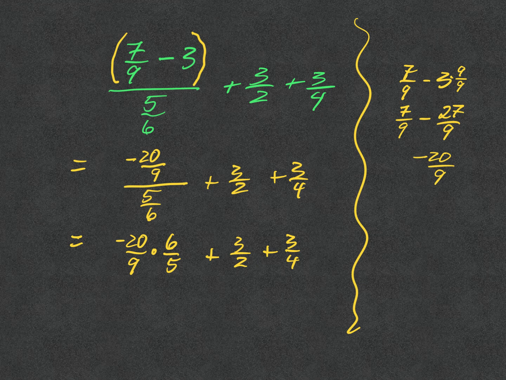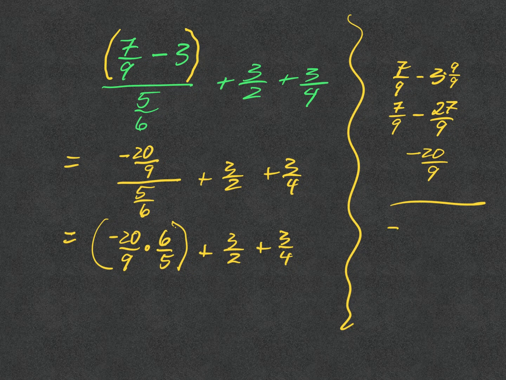And now I do the multiplication, and if I felt like I needed to, I would do that over here on scratch paper. In fact, I will. Negative 20/9 times 6/5. So 5 goes into 5 one time, and into negative 20 it goes negative 4. And then 3 goes into 6 2, and into 9 3 times.